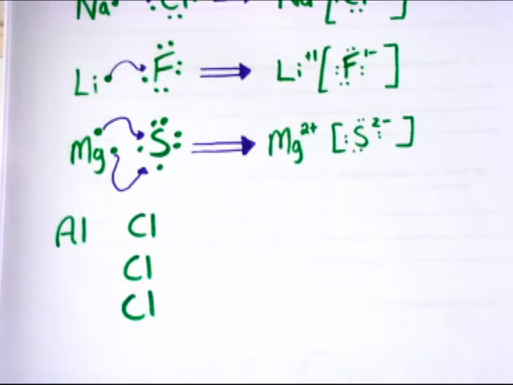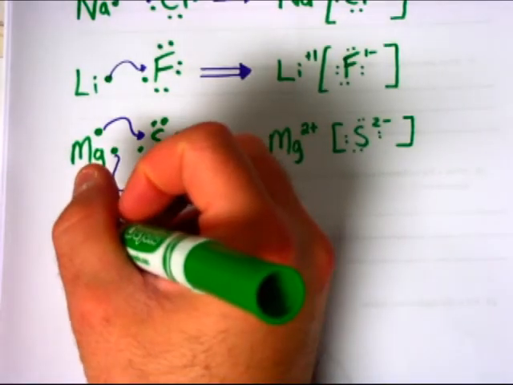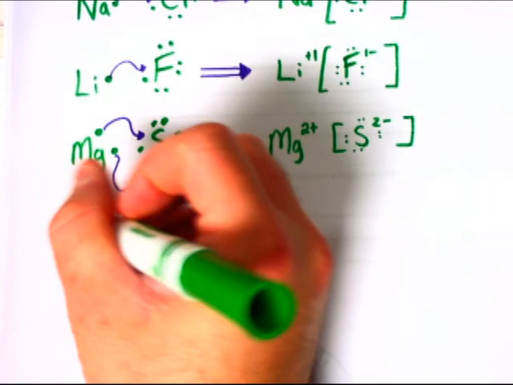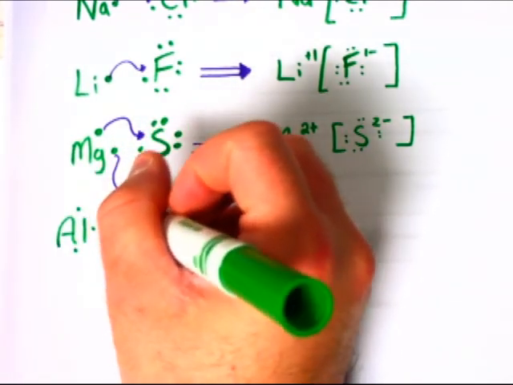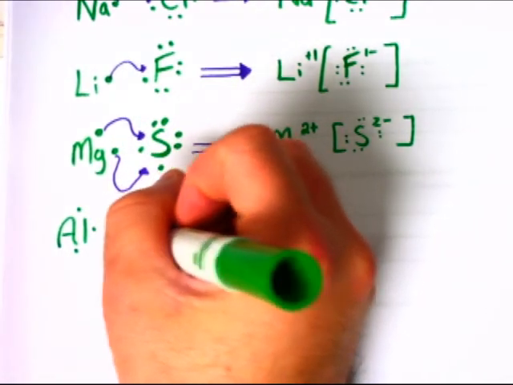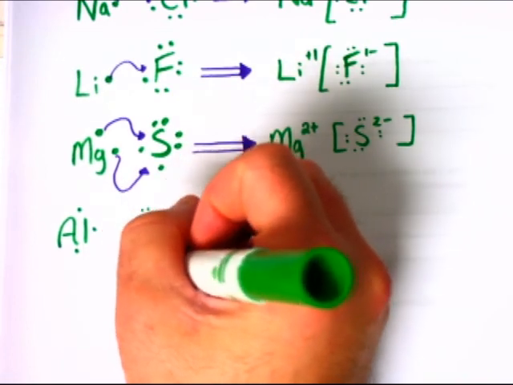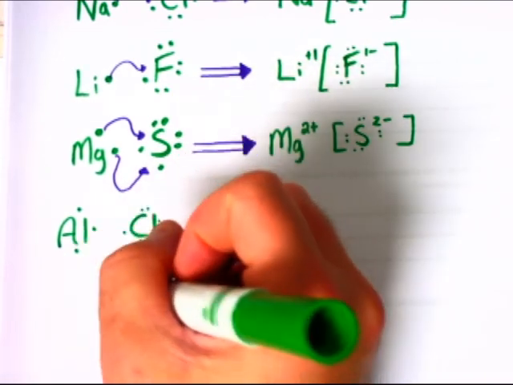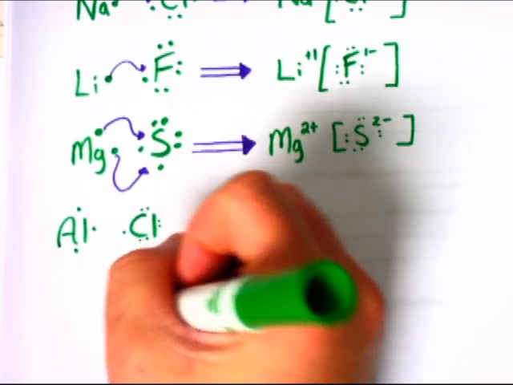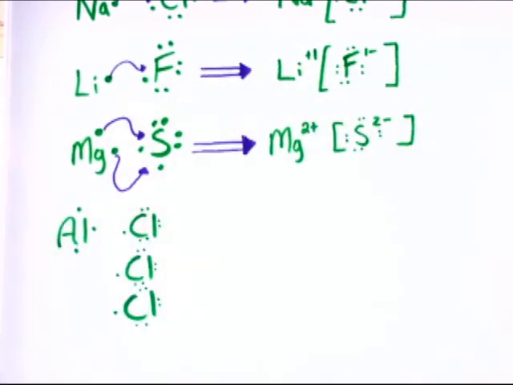I'll let you take a second, and why don't you put down the number of electrons that everything has. The aluminum has 3 valence electrons because it's in the 3rd column. The chlorines each have 7 because they're in the 7th column, correct? Okay.